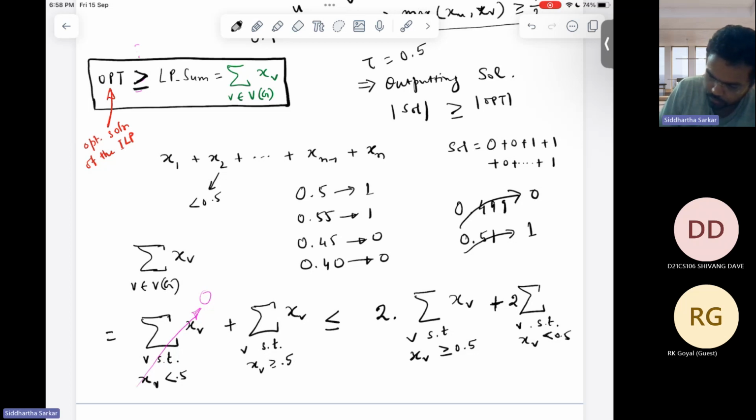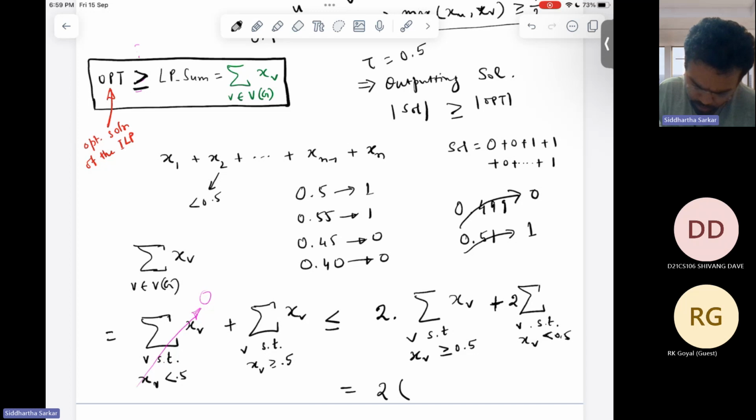That is also true. So this is nothing but, taking 2 common, 2 times the sum of the variables in the fractional LP solution.